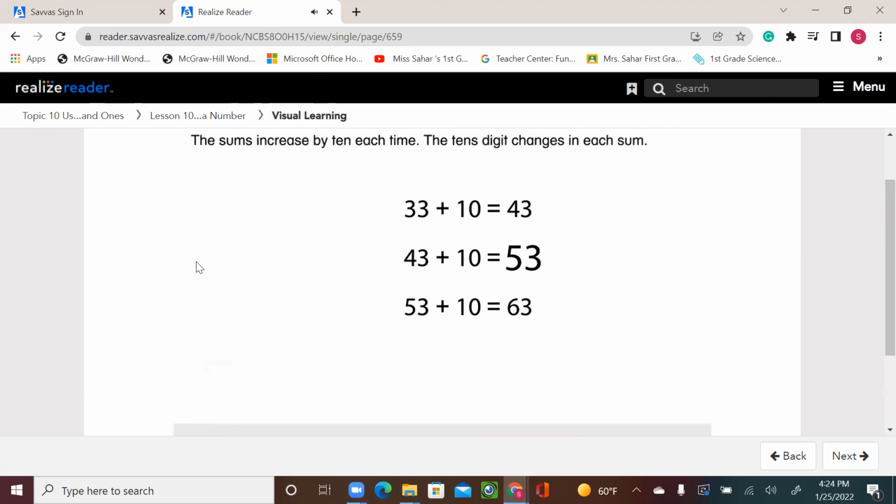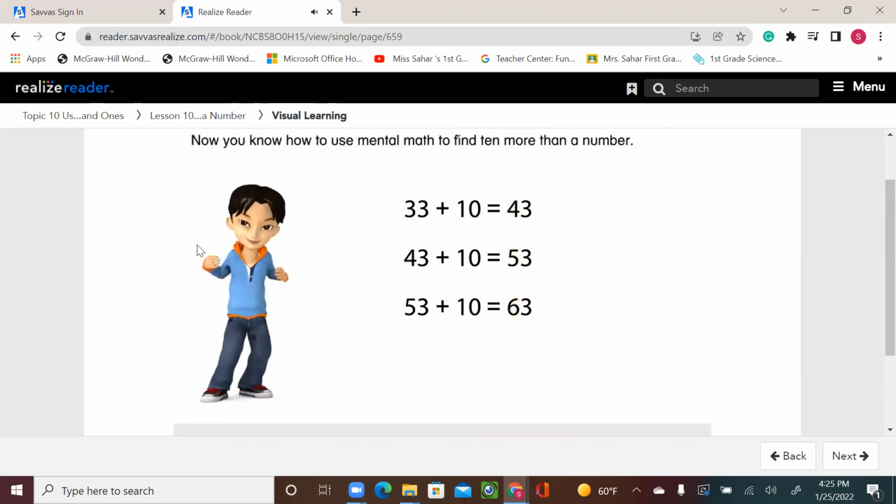The sums increase by 10 each time. The tens digit changes in each sum. Now you know how to use mental math to find 10 more than a number.